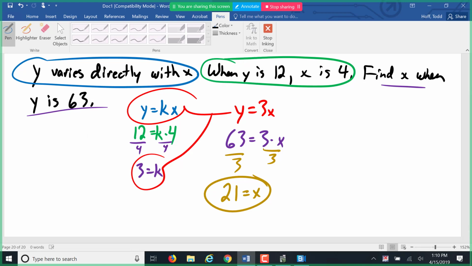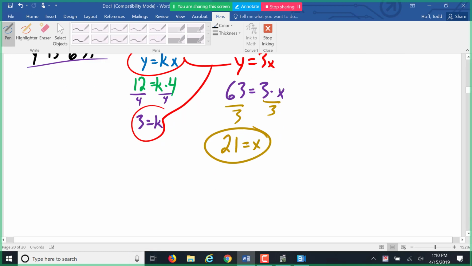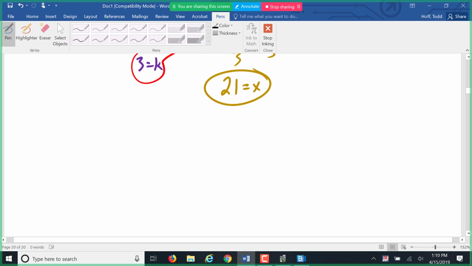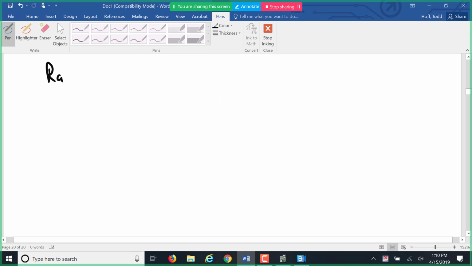So what are some examples of direct variation? Well, there are a lot of them. Rate and distance is a big one, like speed and distance.